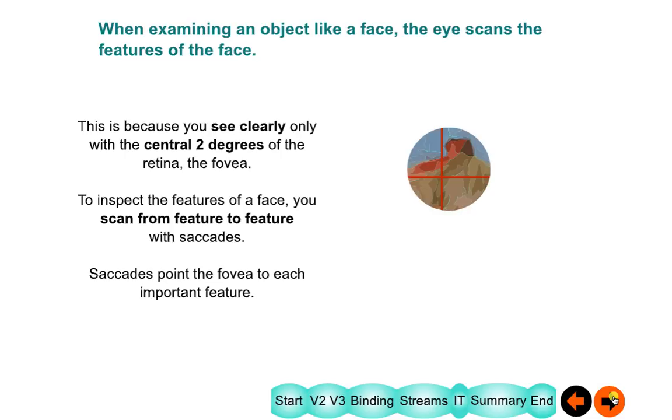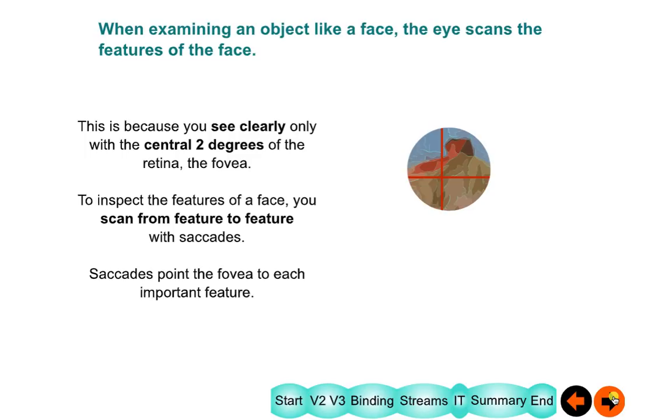One thing that's interesting is that when you look at a picture, for example, you point your fovea at different parts of the picture. And when you look at a person from close up, you look at your fovea over here, over here, over here.